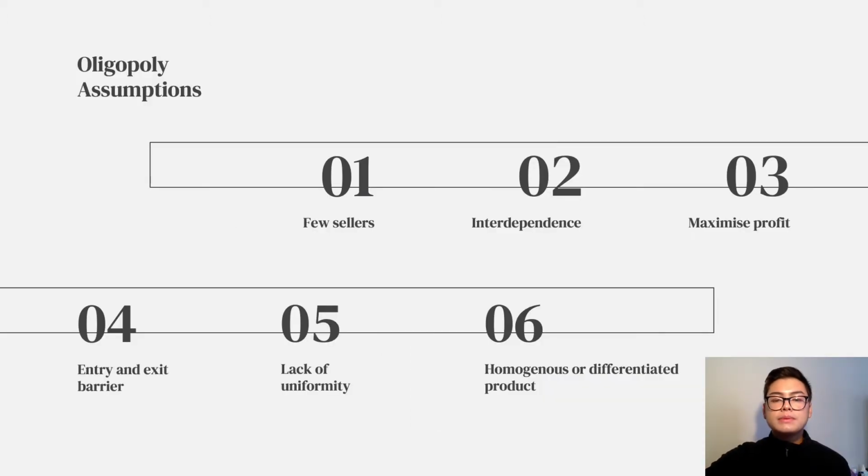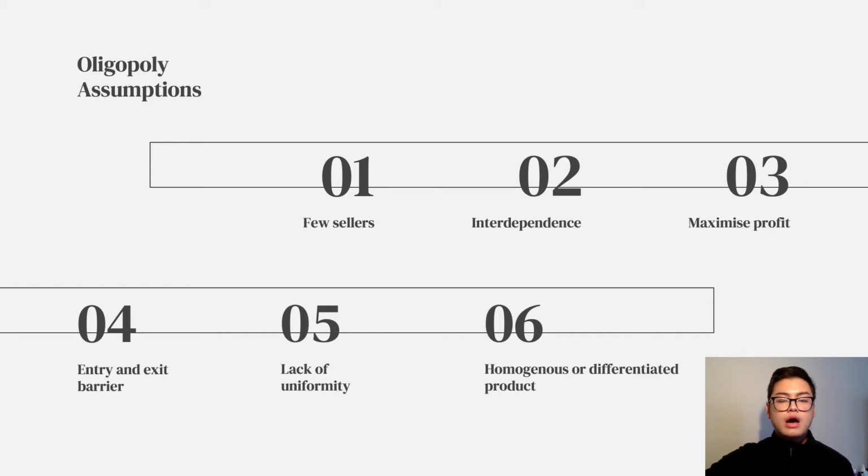The oligopoly market assumptions: there are only a few sellers in an oligopoly market, and the firms are interdependent, which means the firms can collude with each other and maximize their profit by jacking up the price, making the price higher for the consumer.